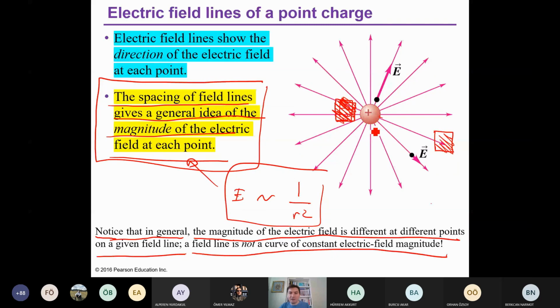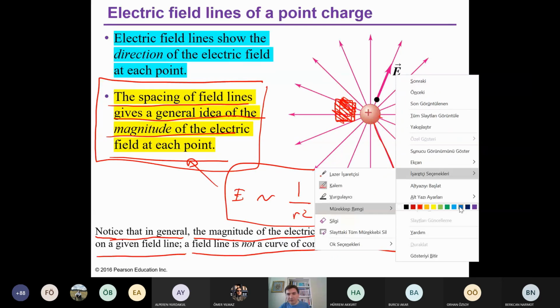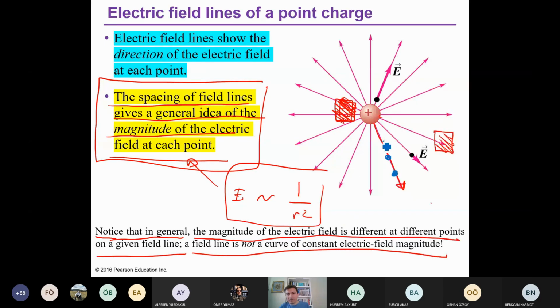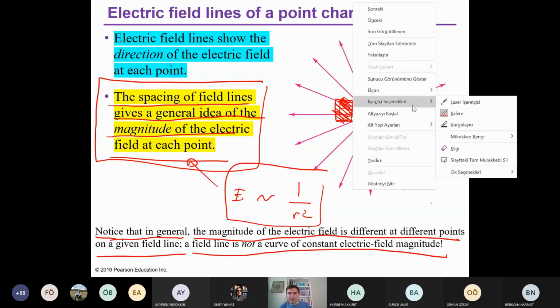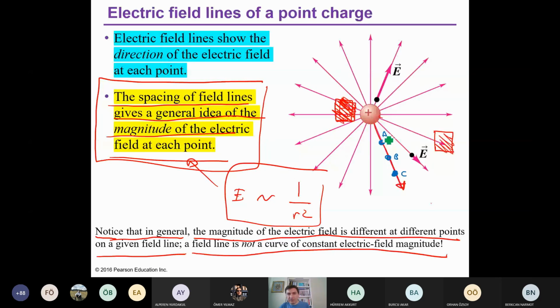So just take this one. Let me use another color. Here I am choosing different points. This is A point, this is B point, this is C point. And I would like to calculate the electric fields here. Here it will be like this.